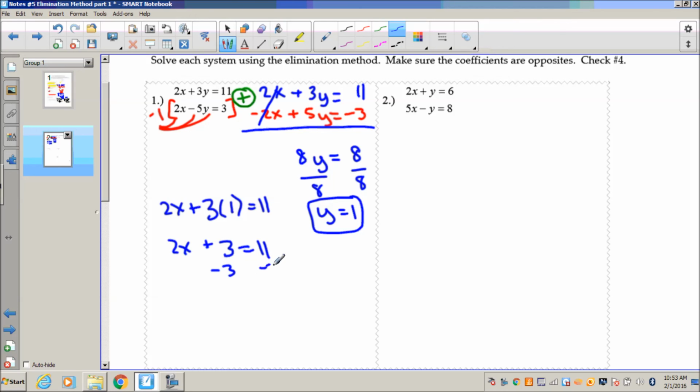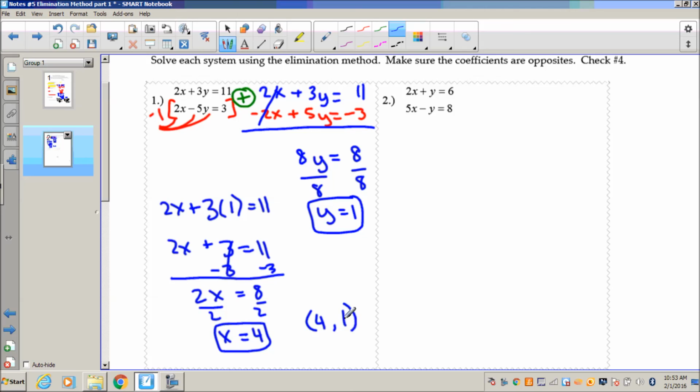I subtract 3 from both sides. I get 2x equals 8. Divide by 2, x equals 4. So there's my solution, 4, 1. That's the point where these two lines would intersect.